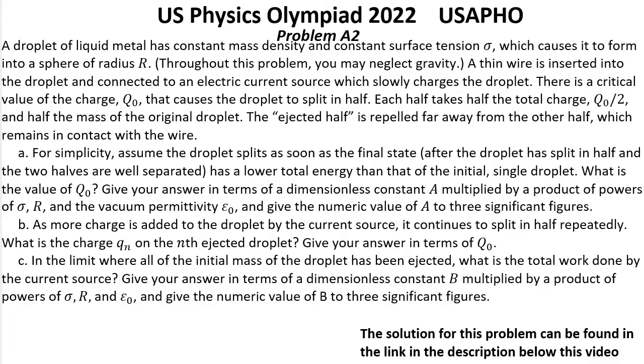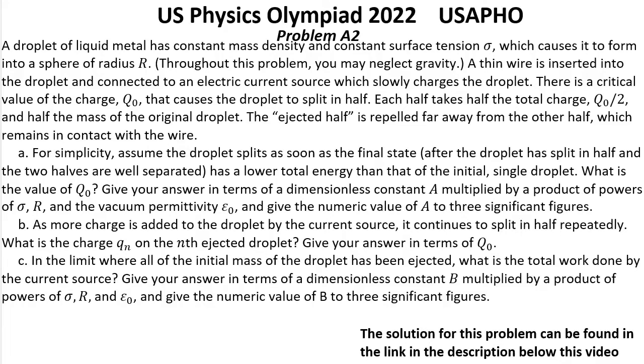Question A. For simplicity, assume the droplet splits as soon as the final state, after the droplet has split in half and the two halves are well separated, has a lower total energy than that of the initial single droplet.